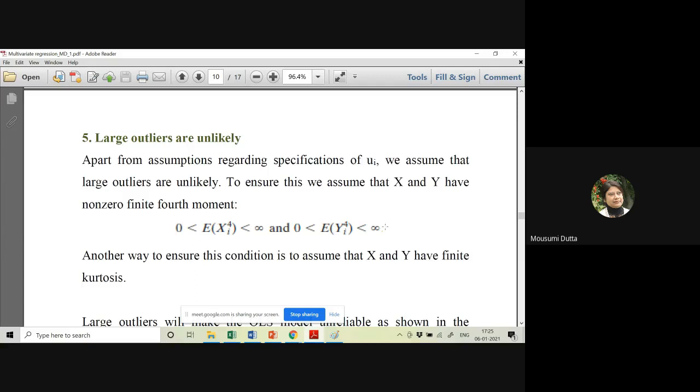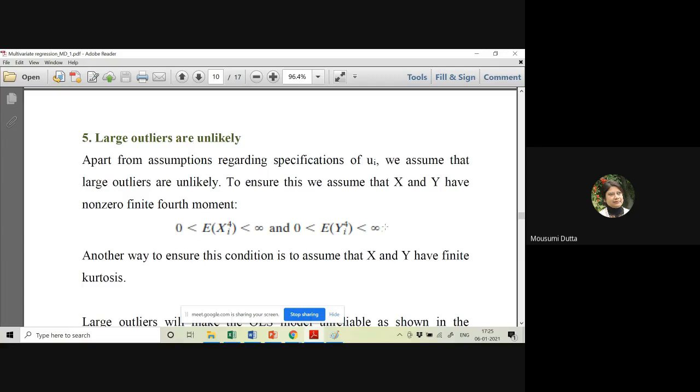For the time being, since we will go for this kind of mean-centric approach, we are assuming that large outliers are unlikely, and this will be ensured if the expectation of x_i to the power 4 lies between 0 and infinity, or the expectation of y_i to the power 4 also lies between 0 and infinity.